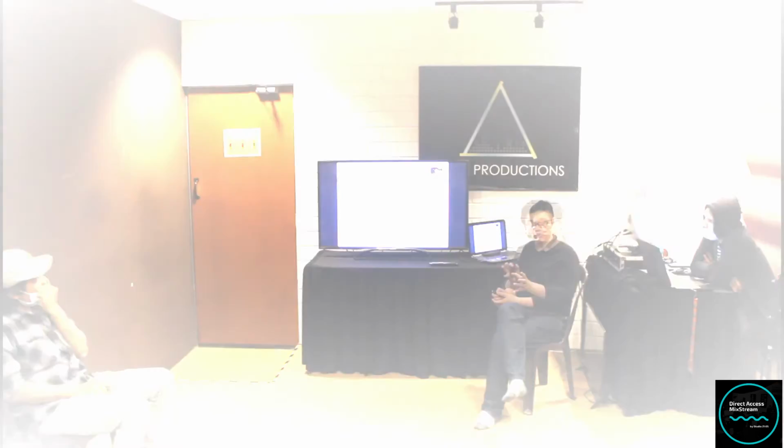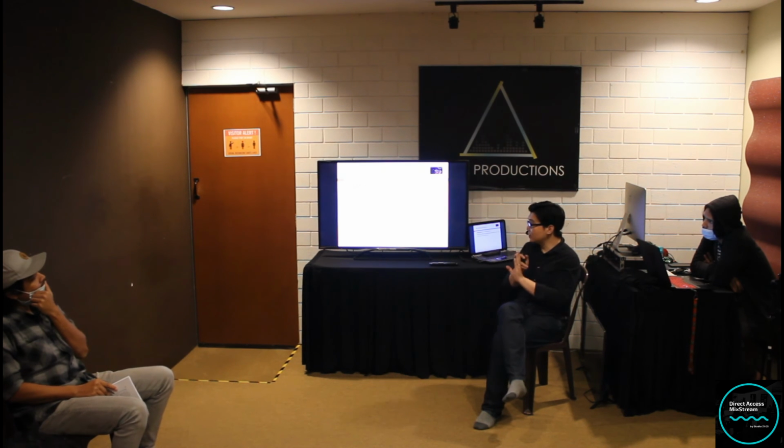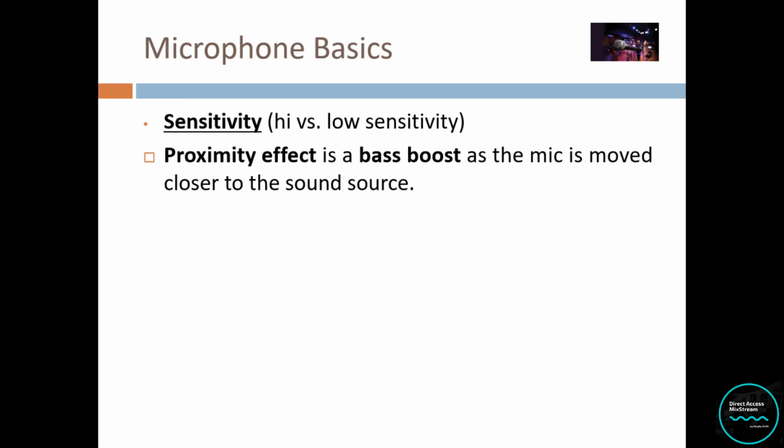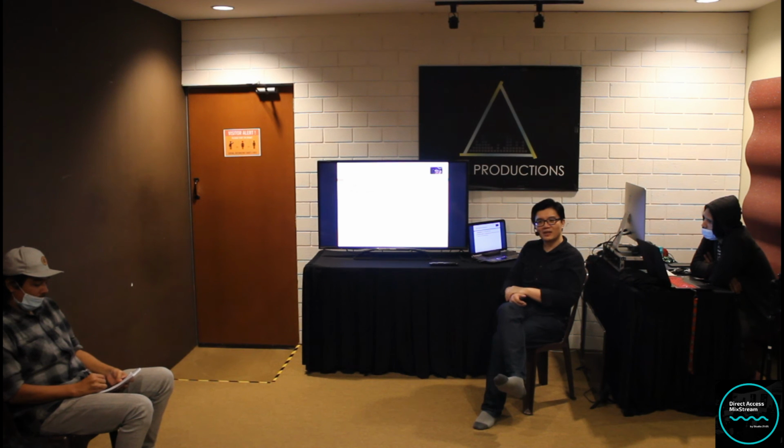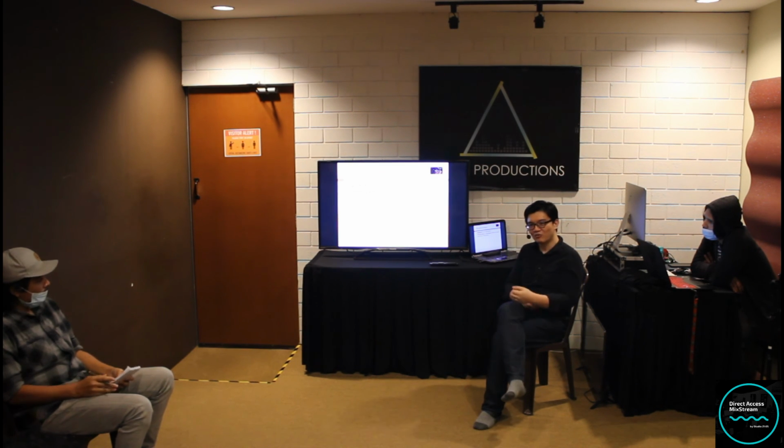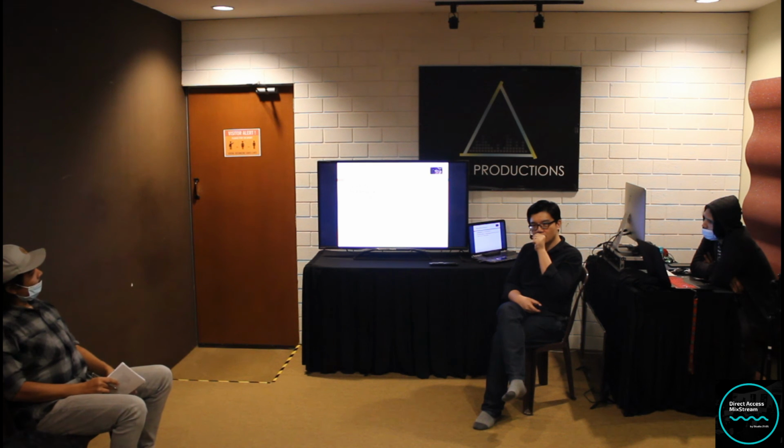Another characteristic is not one of the 3 factors, but it's something you need to be aware of. This is the term called proximity effect. It is a bass boost as the microphone is moved closer to a sound source. Very often you hear this with vocal mics. With an announcer or someone doing voiceover, when you put the mic closer, the voice, and here I'm just acting it and simulating it, becomes bassier.